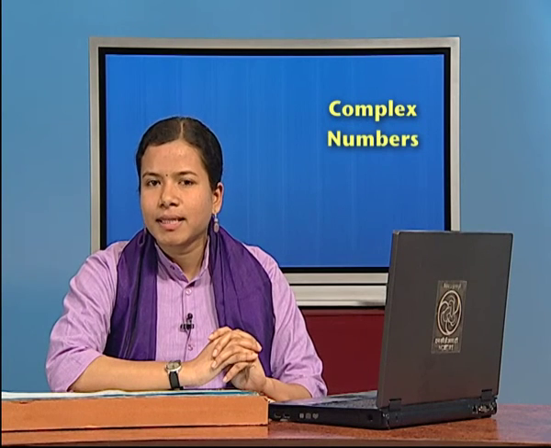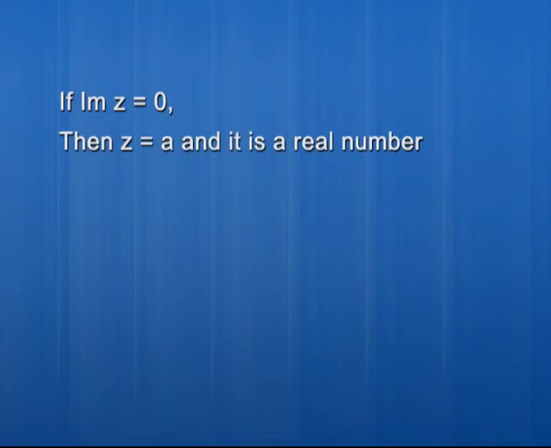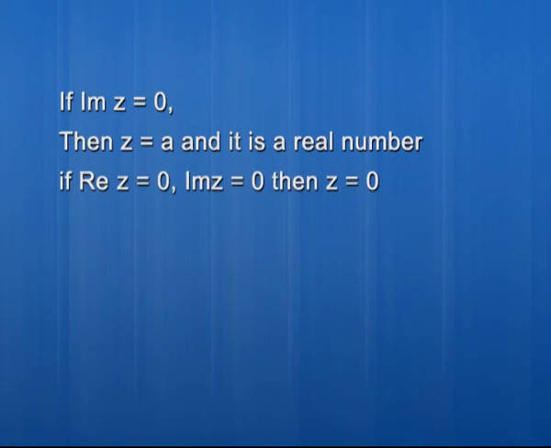We also discussed that if we take the imaginary part of z as 0, then z was nothing but a, which was a real number, and if we take the real part of z as 0 and the imaginary part of z as 0, then the complex number was itself 0.